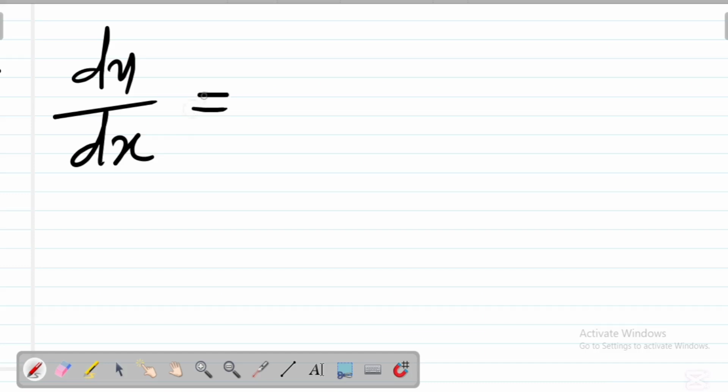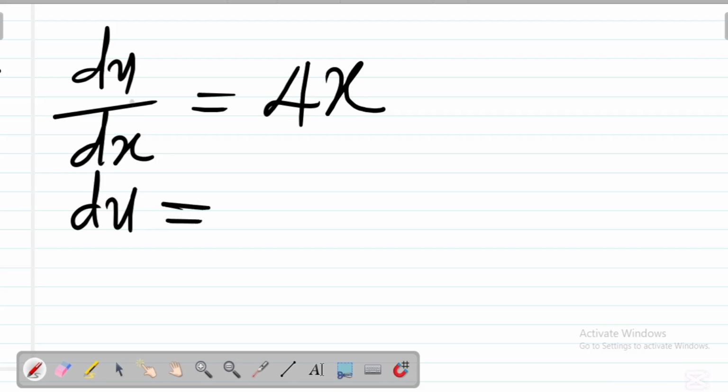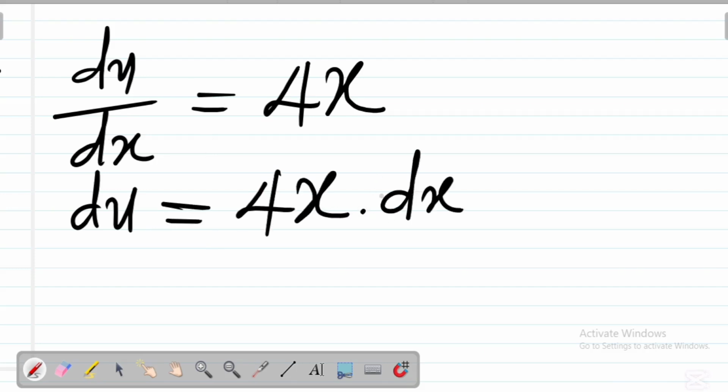So du all over dx equals, if you differentiate u with respect to x, you would have 4x. Therefore, du becomes, if you cross multiply, you would have 4x multiplied by dx.